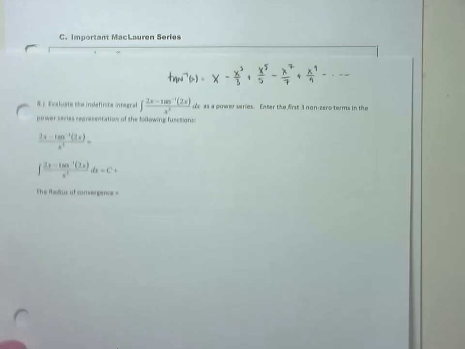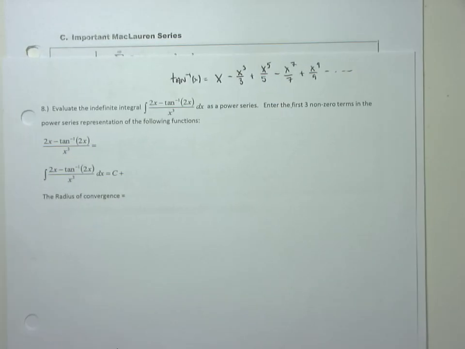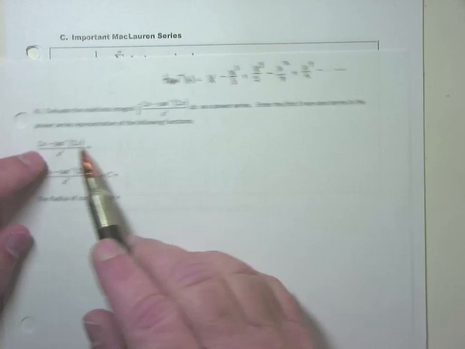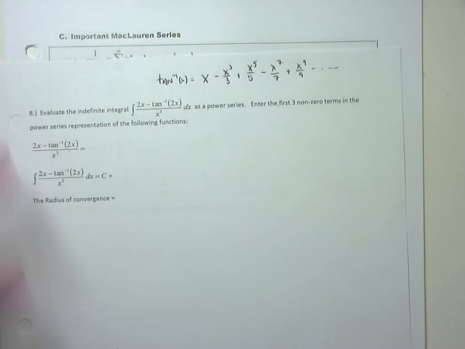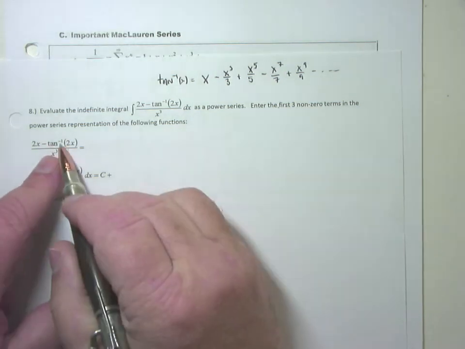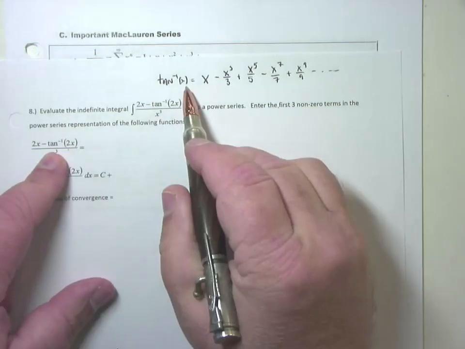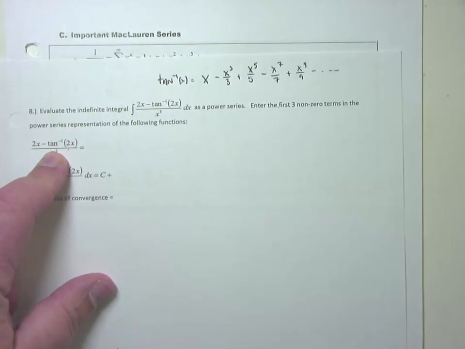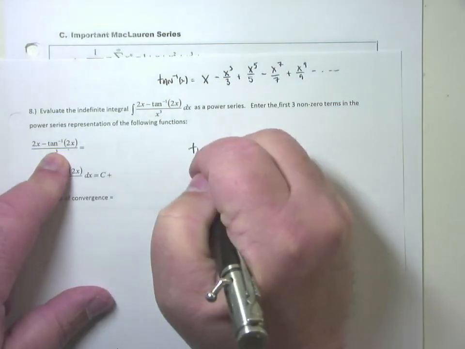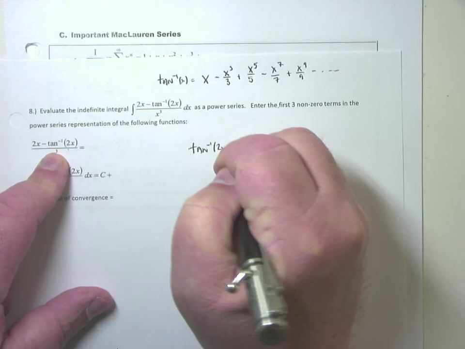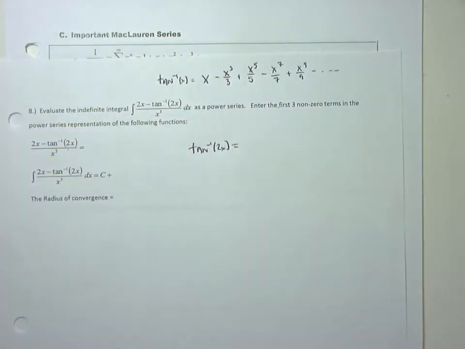That's actually what we did. When you watch the video on this, we built this because, listen up, power series are easy to manipulate. So here's the deal. I have tangent inverse of 2x. Well, I have the power series for tangent inverse of x. So how do I come up with a power series for the tangent inverse of 2x? Classic computer science. What are we mathematically doing?